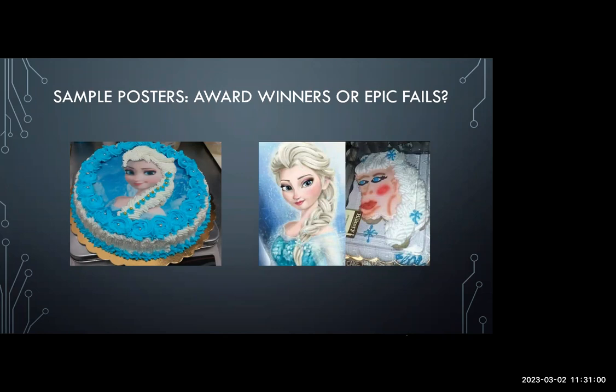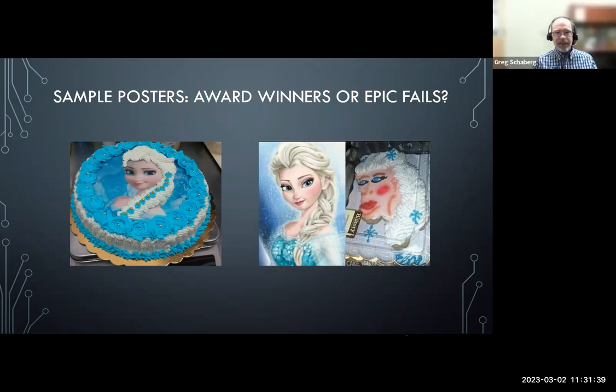So pay attention to the font, the text, the layout, the colors, and the images used in these posters, and evaluate what makes it good and what are some things that can be done better. Then you can put it in the chat, or you can unmute yourself and say a short phrase about what's good and what can be done better for each poster.